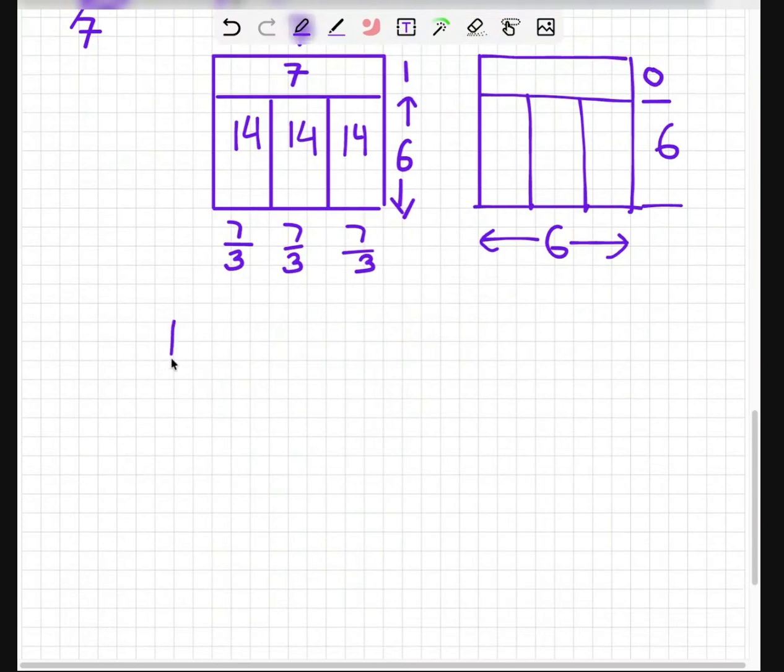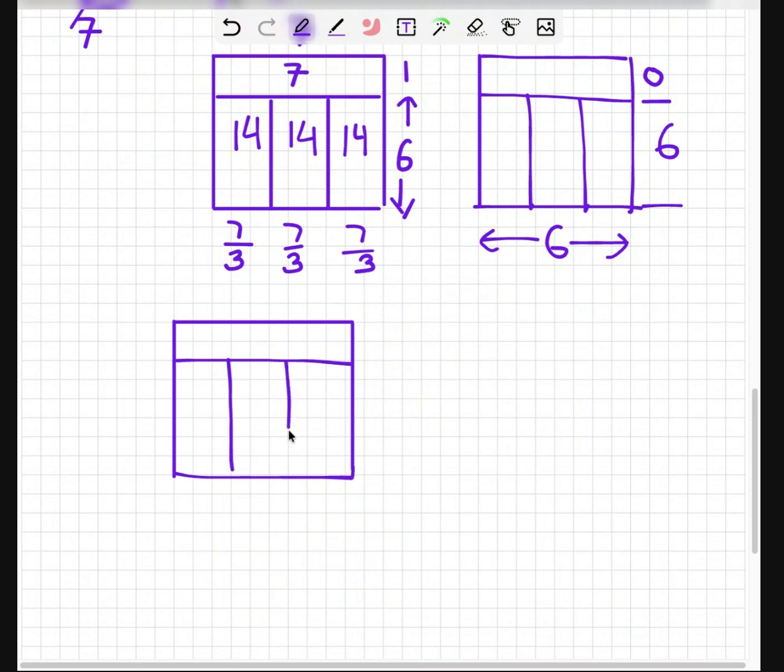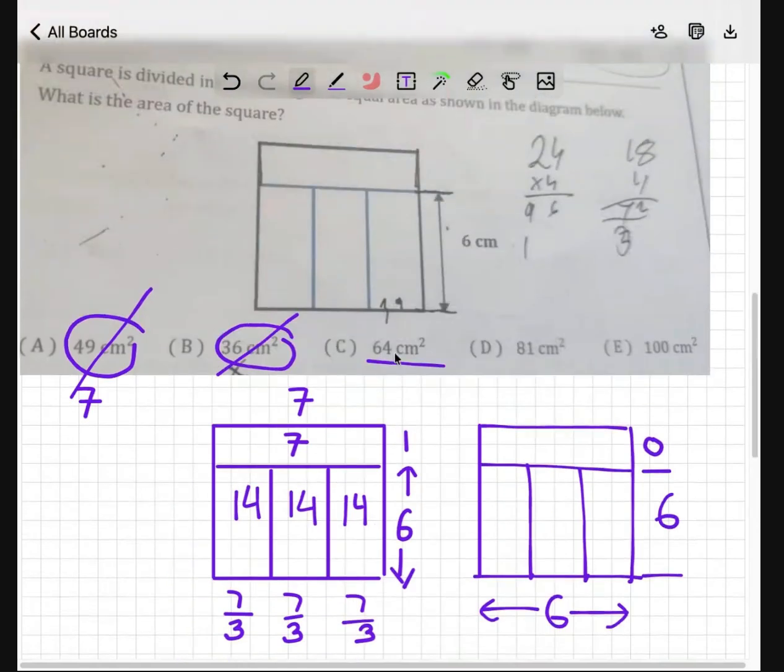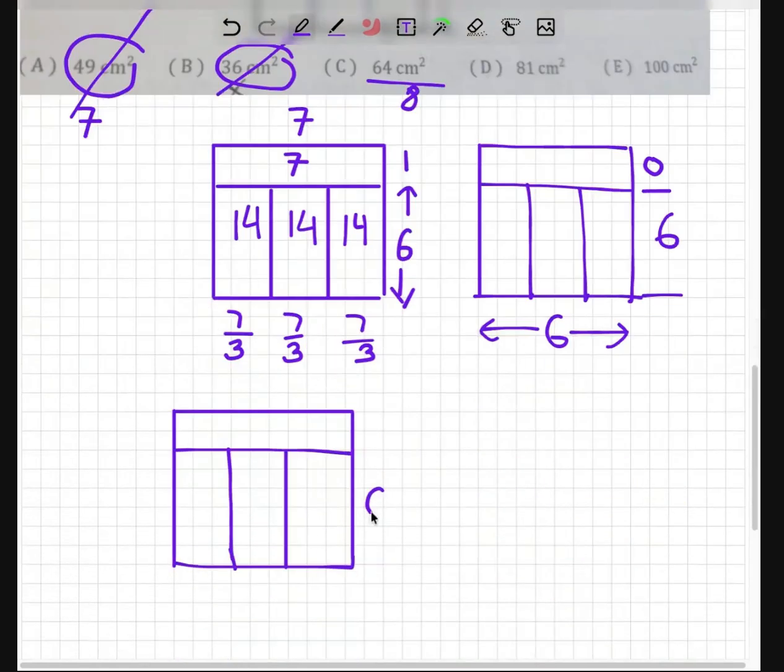So if I try for 64 here, let me draw a similar type of square. Let's say these are the four rectangles again, which are equal in area. If the area is 64, the side has to be 8. If the side is 8 and this is 6, this part must be 2.